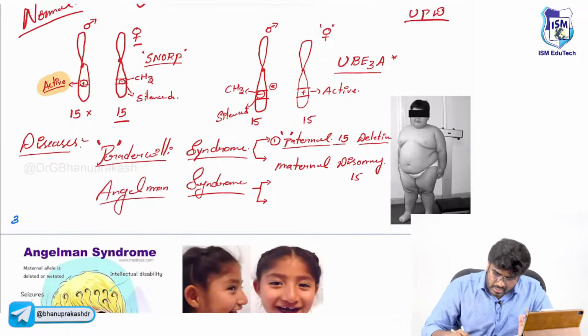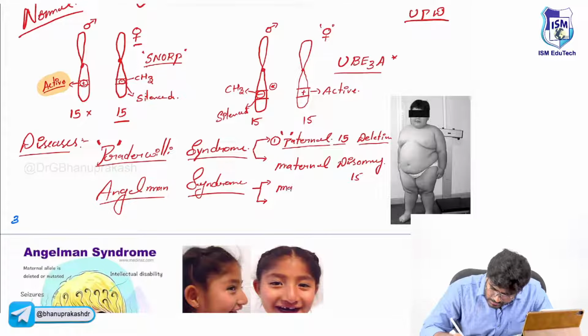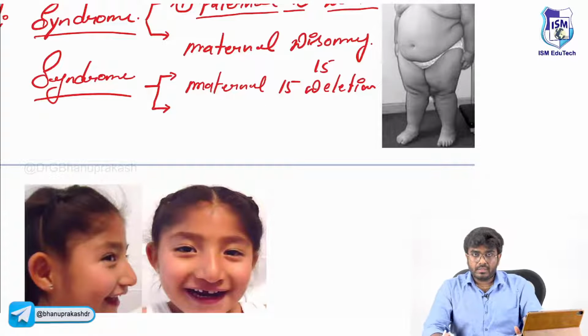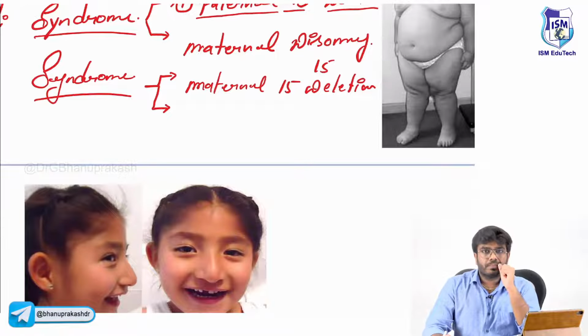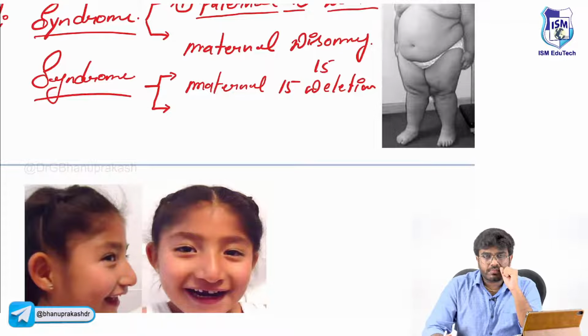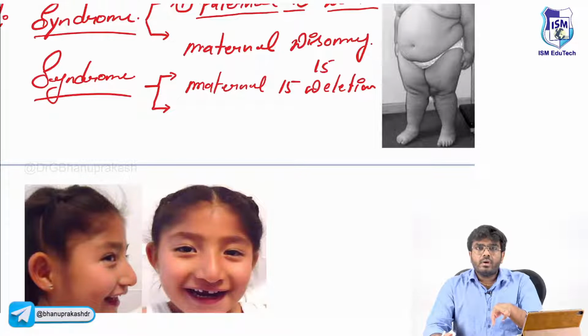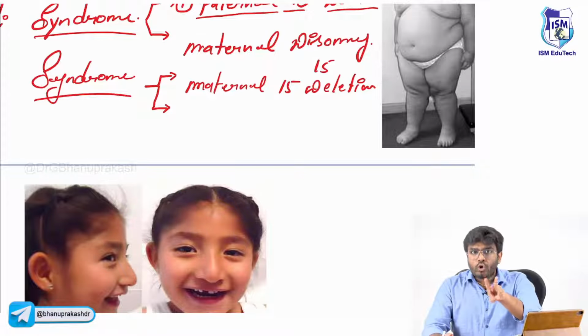So in Angelman syndrome, the problem is a maternal 15 deletion. So deletion of chromosome number 15, which came from the mother. So maternal 15 chromosome is lost. Then it's going to cause Angelman syndrome. Or you can get the Angelman syndrome if you receive two copies of chromosome number 15, both from the father.